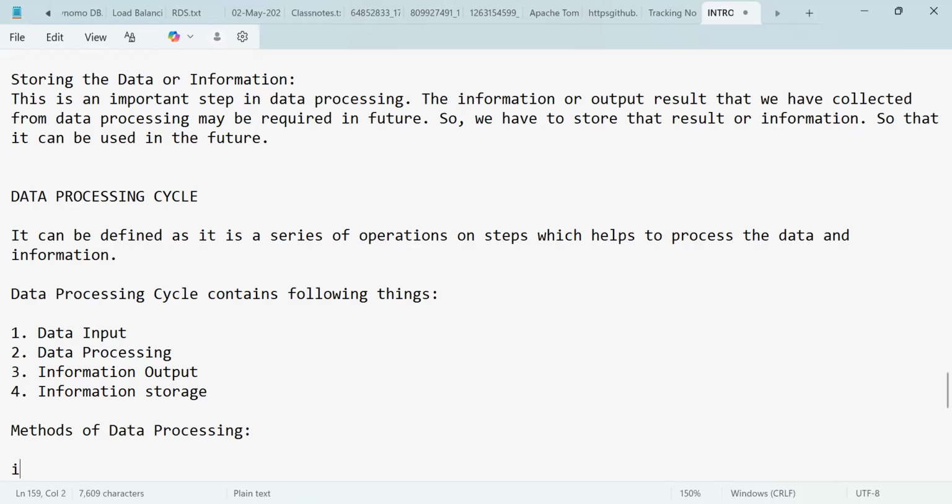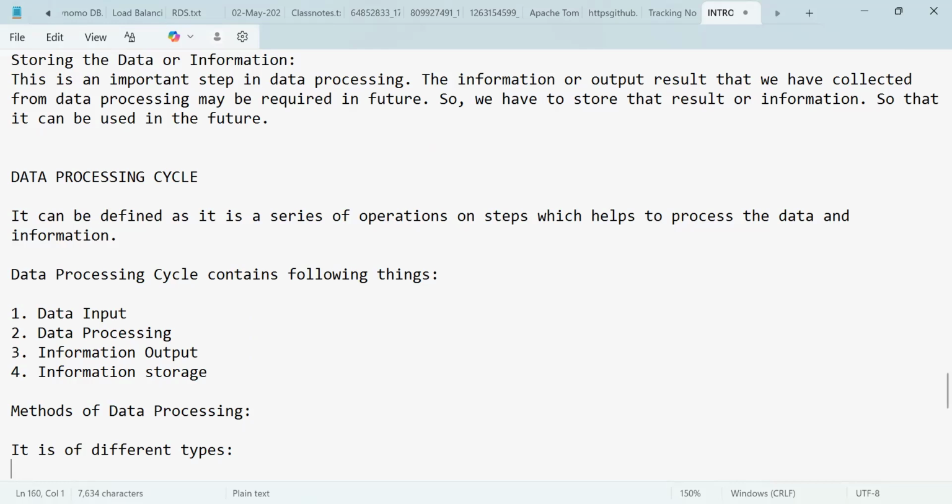It is of different types, and what types will be used in the data processing cycle, and the various steps of the data processing cycle.